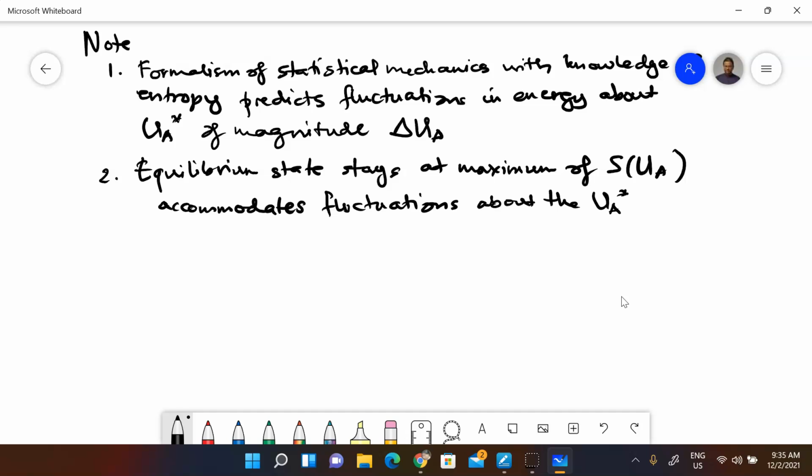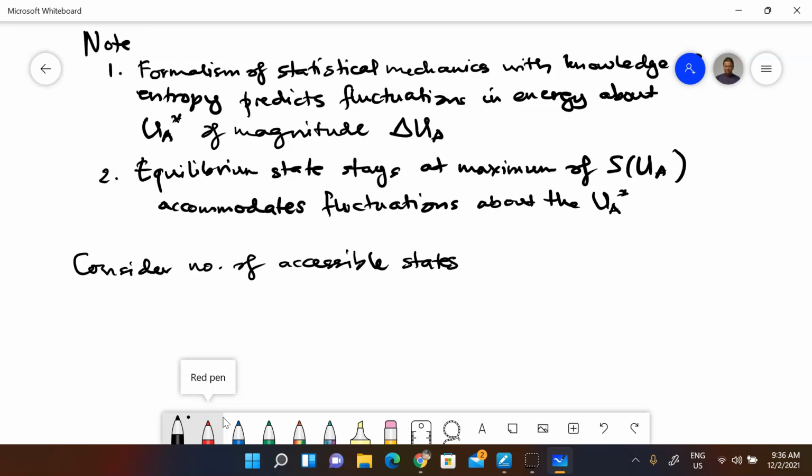So consider now the number of accessible states. In this particular case we will write it as W, but now your W is a function of UA.